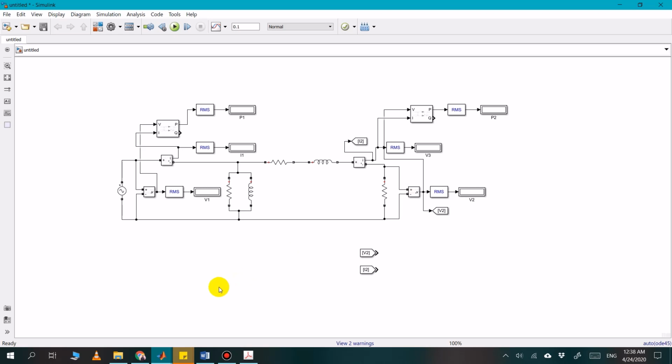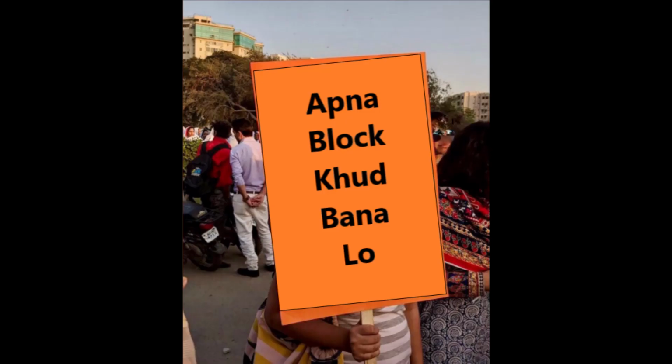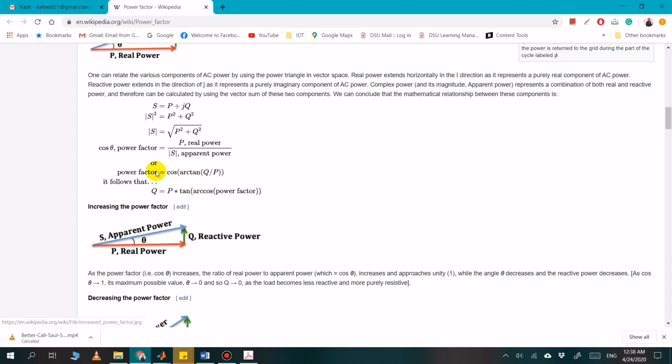So if you remember, the power factor is calculated by real power divided by apparent power, and apparent power is basically the square root of real power square plus reactive power square. So we can implement this easily in Matlab.